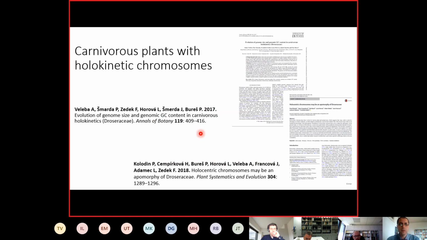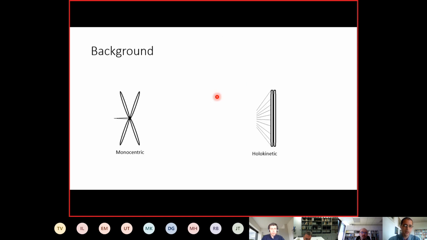When we worked with the family Droseraceae, we knew about another interesting thing, because in some species of the Droseraceae, holokinetic chromosomes have been previously reported. The holokinetic chromosomes, unlike monocentrics, which have a localized centromere, which is a place for kinetochore formation and for attaching of microtubules, form kinetochore along the whole length of the chromosomes.